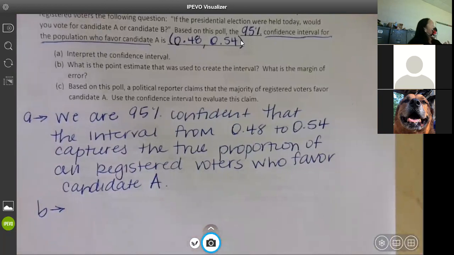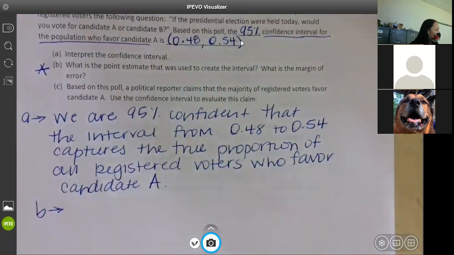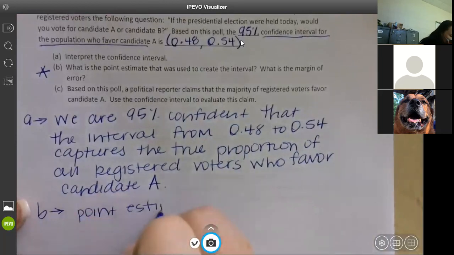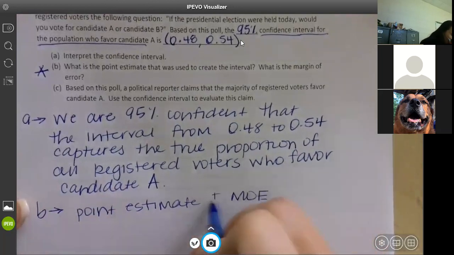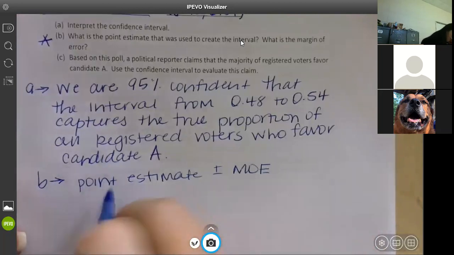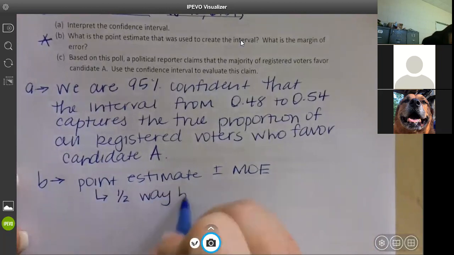All right. So when you go do your homework and it asks you this question right here, reference back to this one. How do we find a point estimator? It should say, what is the point estimate that was used to create the interval? What is the margin of error? Remember that point estimate plus or minus margin of error. So remember that formula right there. We want to find the two parts of that. So the point estimate is going to be halfway between.